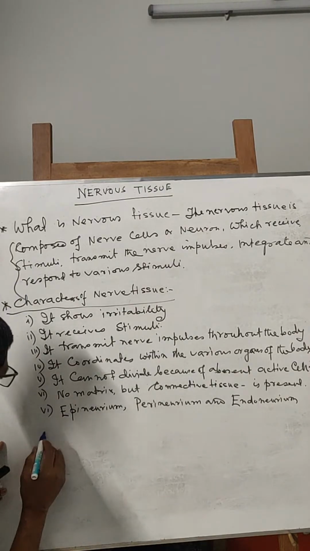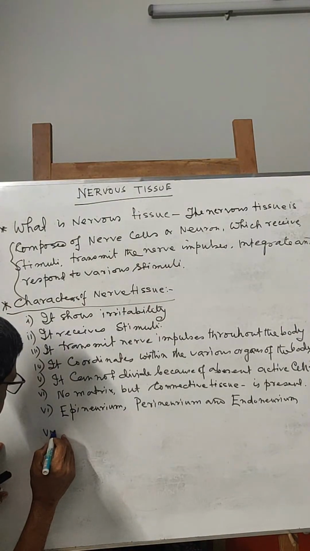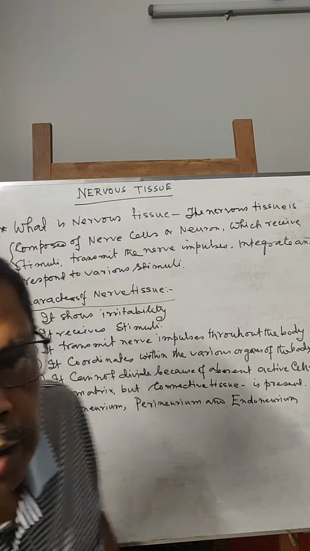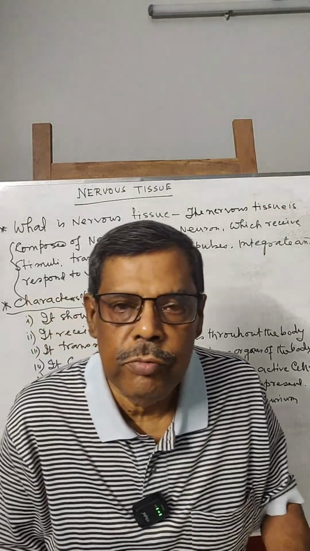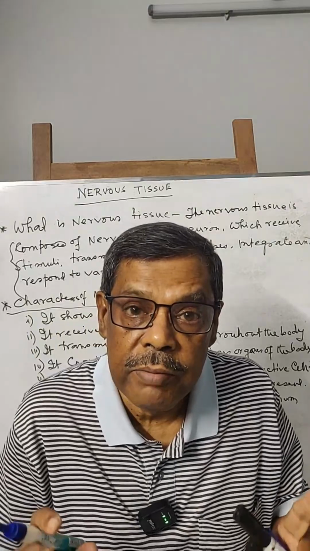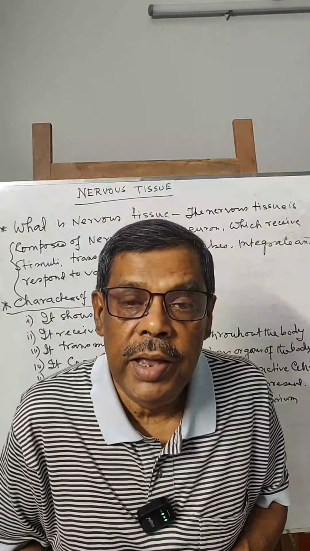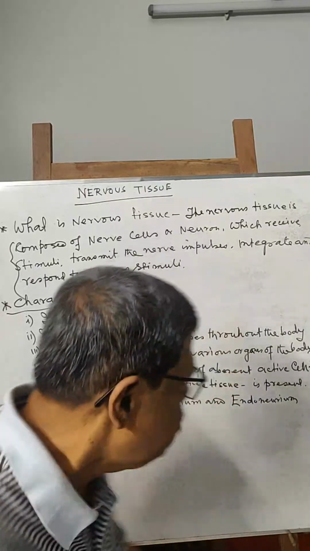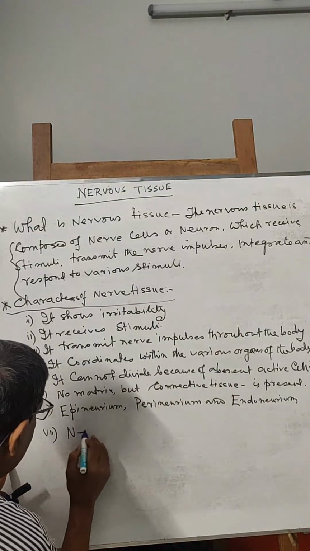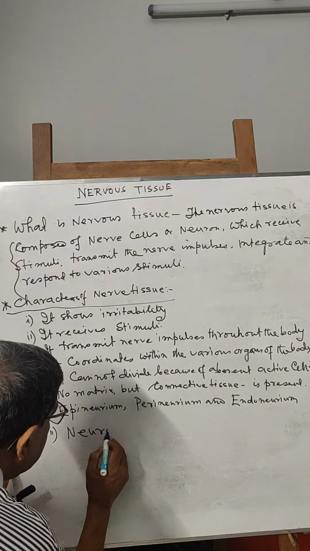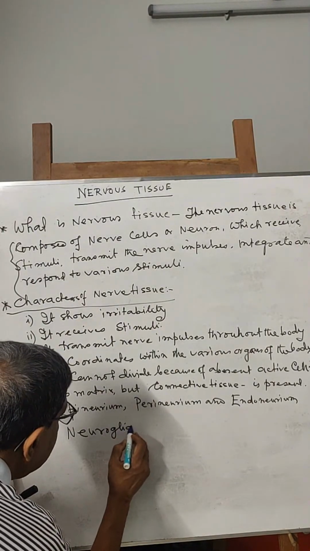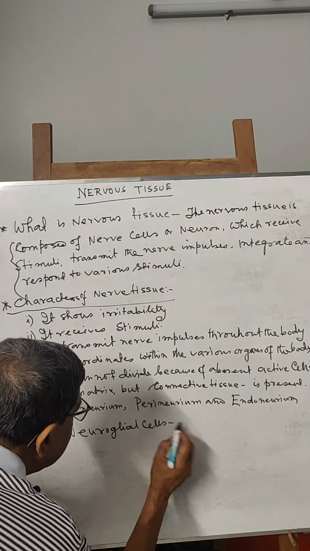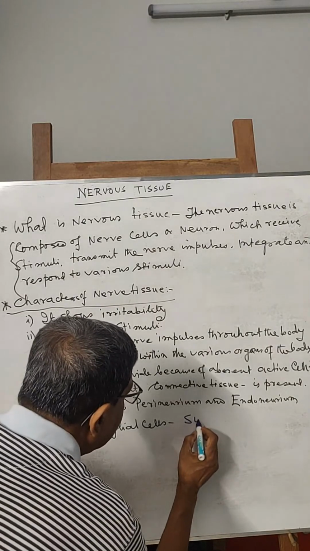Next, number 7. In nerve tissue there are various types of neuroglial cells, which are supporting cells.